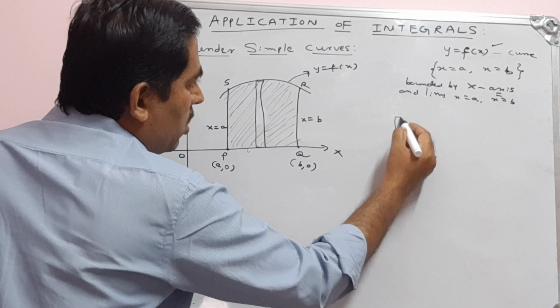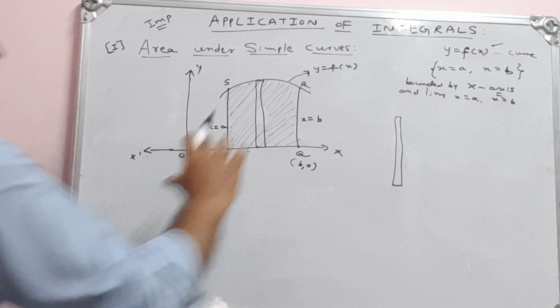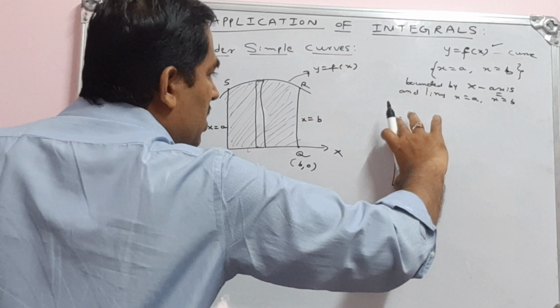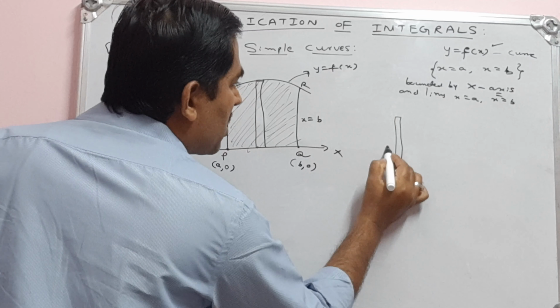So let us consider one arbitrary strip, or one small elementary strip. Let us say the height of this strip is y, because I am considering lines parallel to the y-axis.